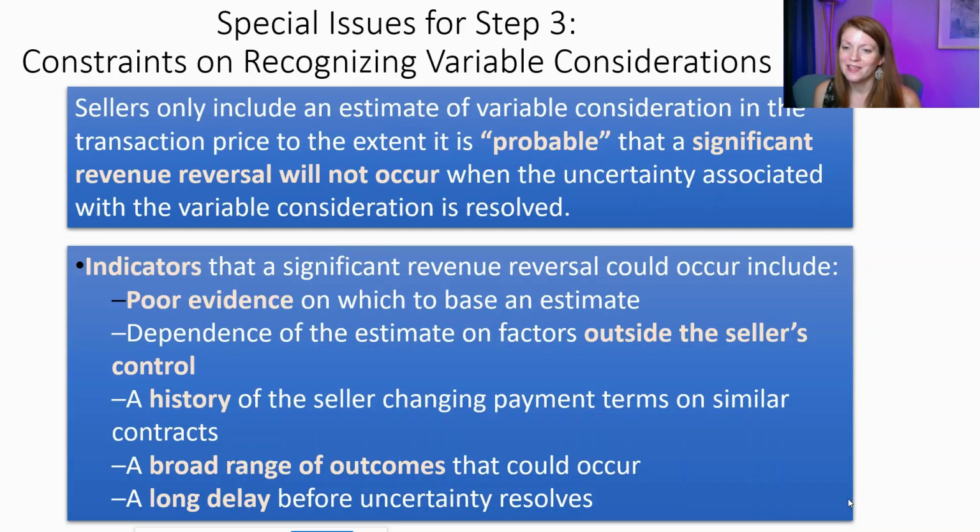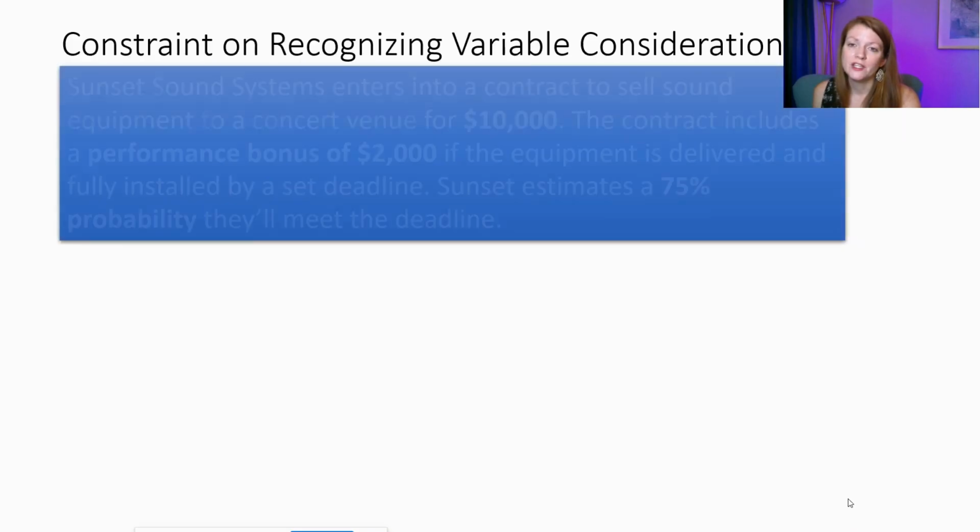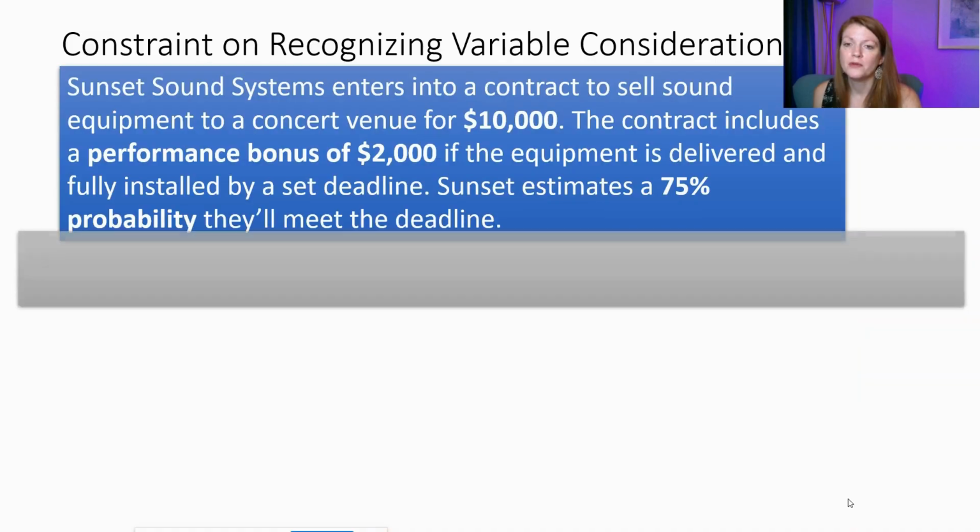Shouldn't record it in that case. A broad range of outcomes that could occur. So there are just too many variable factors, or a long delay before uncertainty resolves. It may be a long time before we can tell whether or not we meet that. Any of these make us lean towards not recording that variable consideration, that $2,000 bonus.